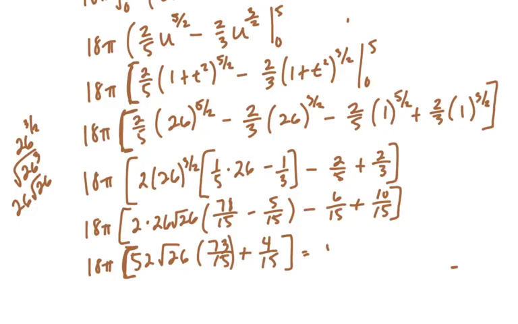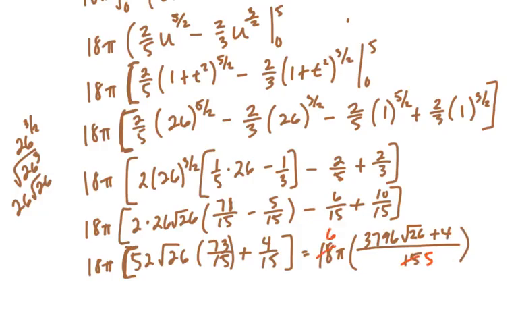So we have 18 pi. And then let's make this one long fraction because everything has a denominator of 15. In the first term, we take 73 times 52, and we get 3796 times the square root of 26. And then we have plus 4 all over 15. Now this 18 and 15 cancel a little bit, 6 and 5.